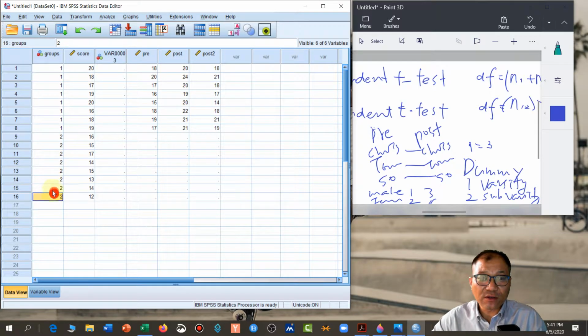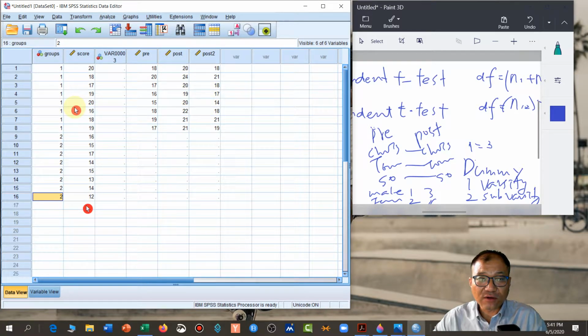Let me explain one more time. If you want to do independent t-test, you need to use dummy codes. Since you have two independent groups, any two numbers can be used for dummy codes.